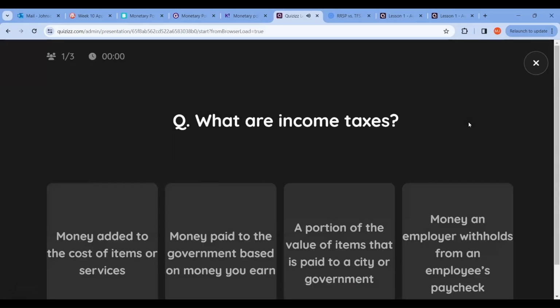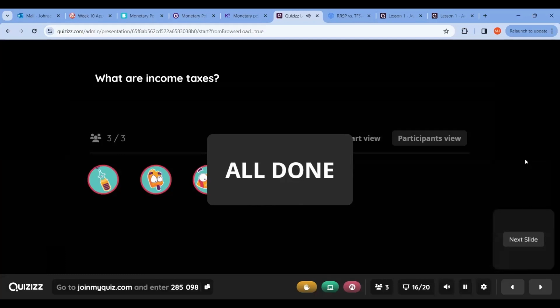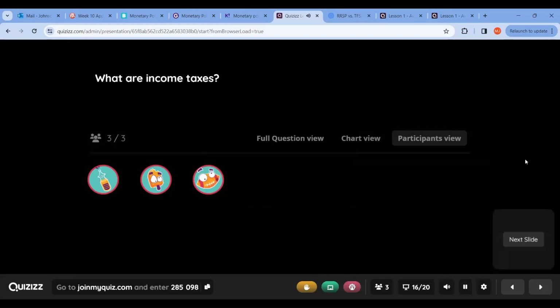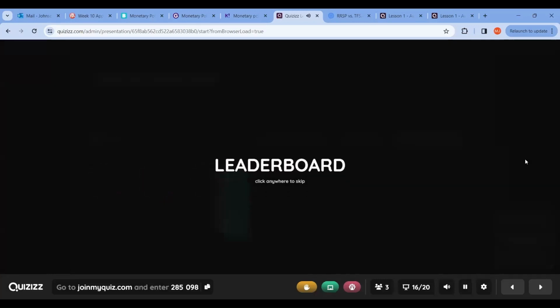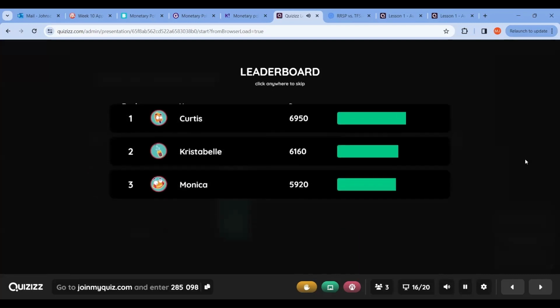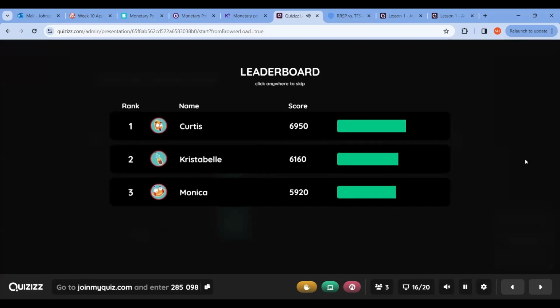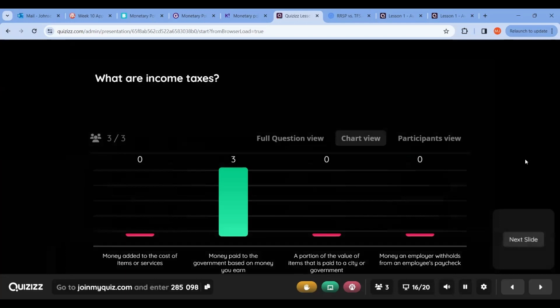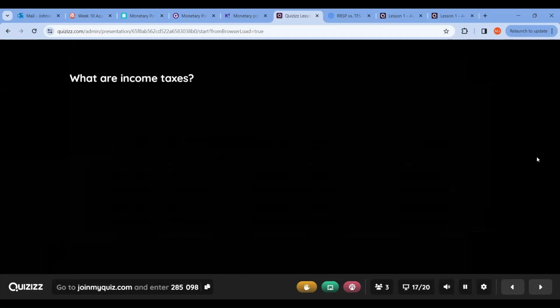So what are income taxes? Money paid to the government based on money you earned, yes.